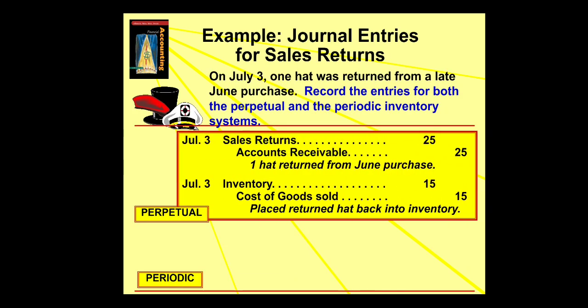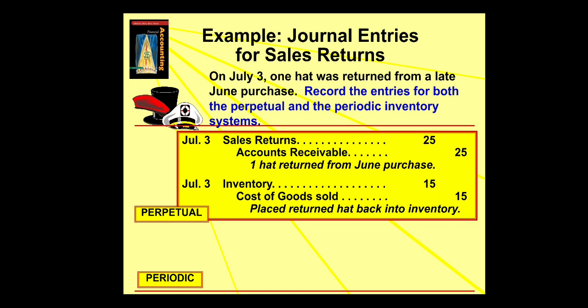Okay, see here. The example is for this business again. On July 3rd, one hat was returned from a late June purchase. Record the entries for both the perpetual and periodic inventory systems. So using the perpetual system, the first record is to reduce the account receivable.